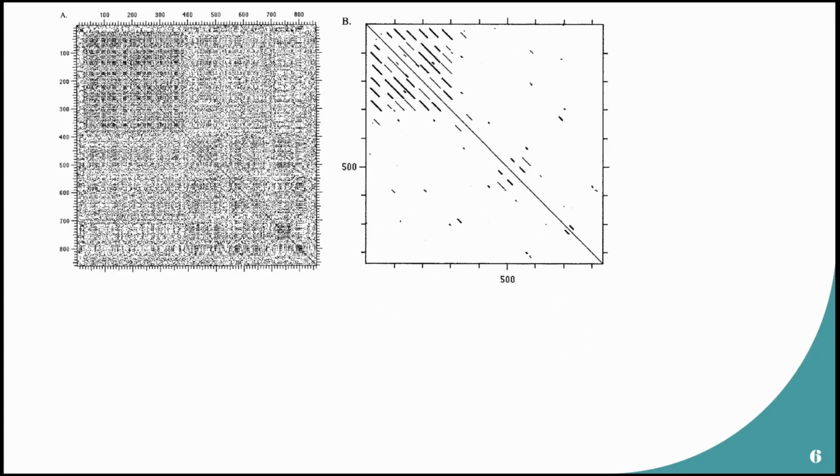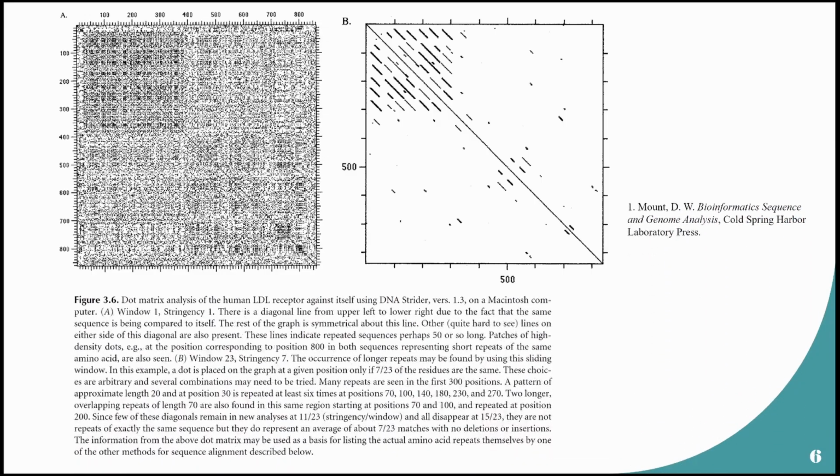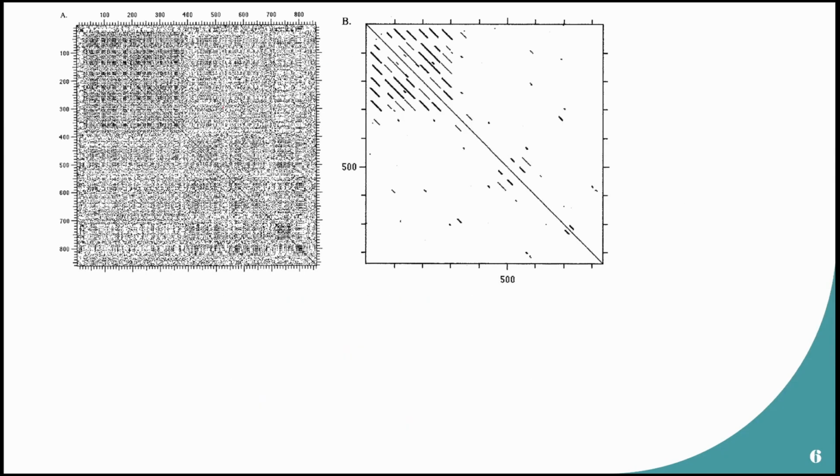Now, in this particular case, what you are seeing is sets of sequences. This is, I believe, a DNA sequence, the human LDL receptor using a DNA slider, so that's fine. On the left-hand side, of course, you see a much more cluttered plot, with a lot of dots present. Then, applying some window and stringency, you get something like this, right?